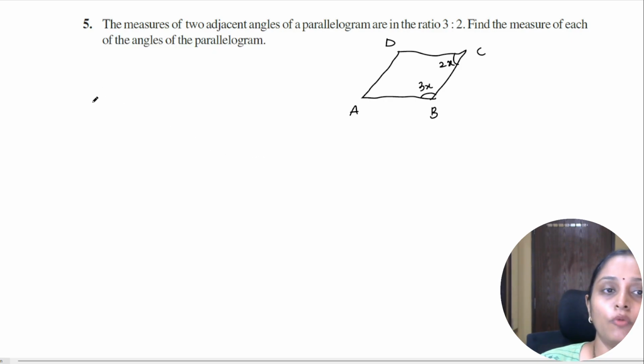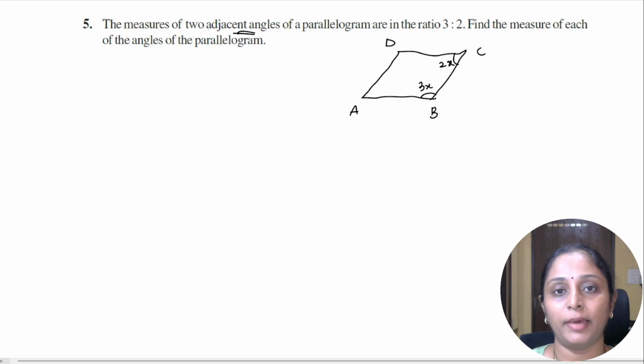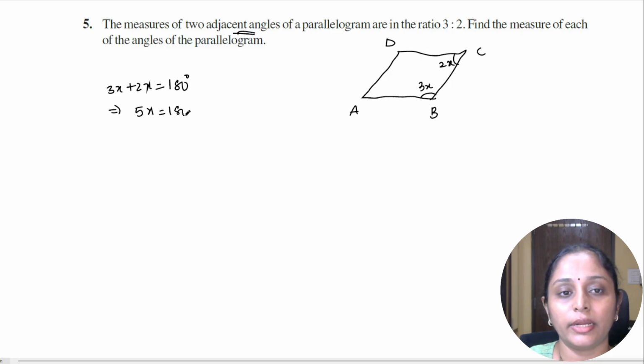So now what do we know about adjacent angles of a parallelogram? We know that adjacent angles of a parallelogram are supplementary, right? So I'm going to write 3x plus 2x is equal to 180 degrees, which implies 5x is equal to 180 degrees.